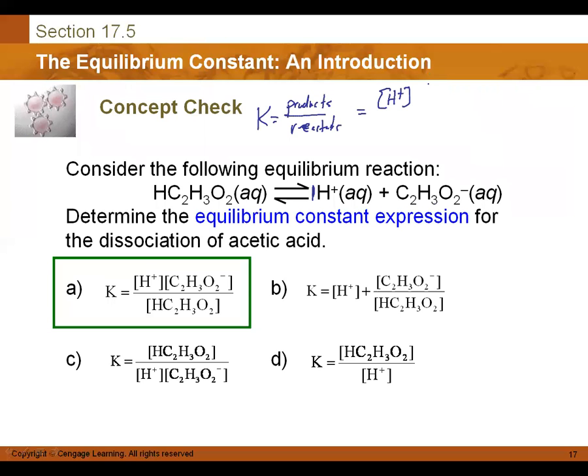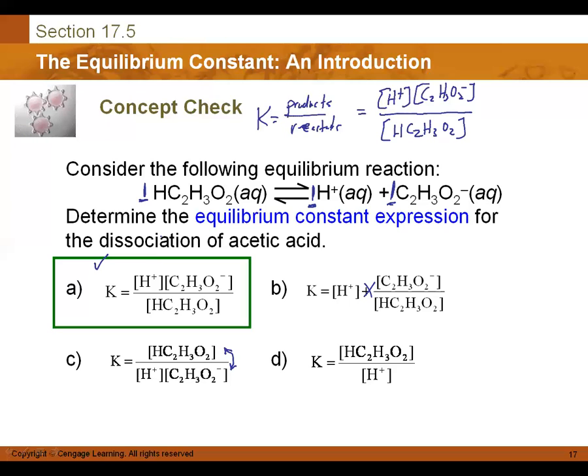We would have it times our acetate, coefficient also 1, so we wouldn't put anything up there. Divided by our reactant, which is our acetic acid, also a coefficient of 1, so we wouldn't put anything there. So this is what it should look like, not the opposite. That would be reactants over products, so that one's wrong. No plusing or anything like that. So always products over reactants when you write that.